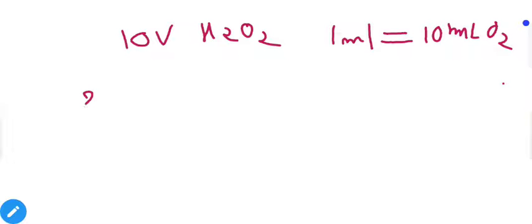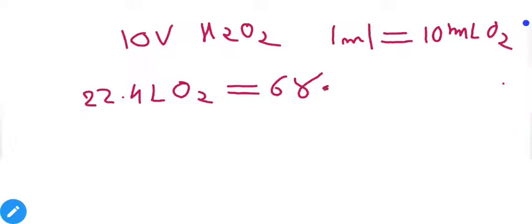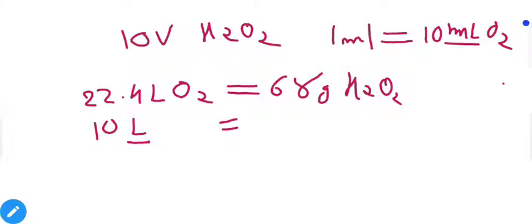If we have 22.4 liters of oxygen, then it uses 68 grams of H2O2 based on the equation we discussed earlier. So if we have 10 liters, later we can convert this into milliliters, or we can do it right now, but we have to make small changes in our equation, but let's do it later. So 10 liters is equal to how many grams of H2O2?